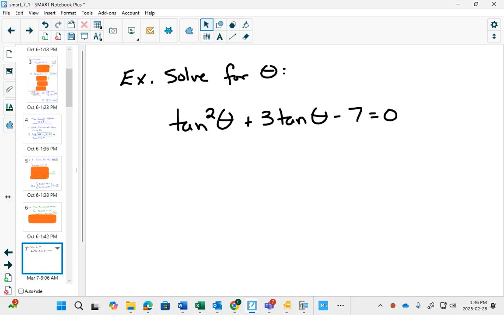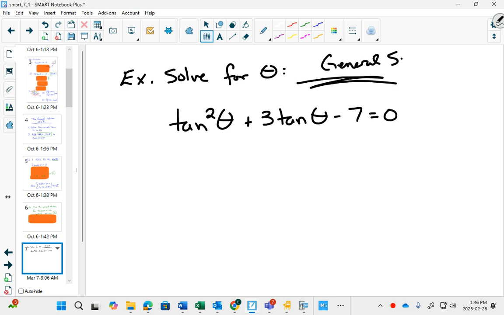All right, one more to do. We're going to do this one together. Solve for theta. If they don't say anything, it's the general solution.